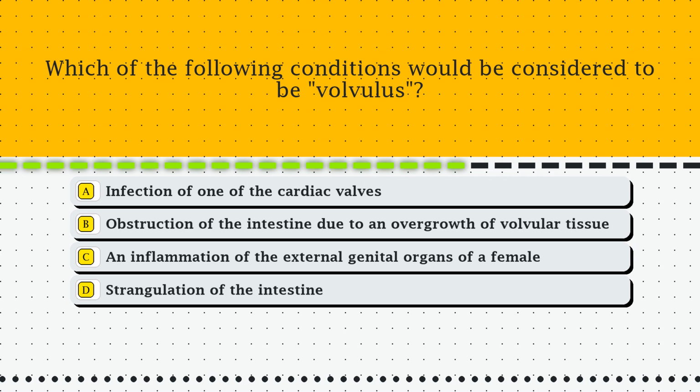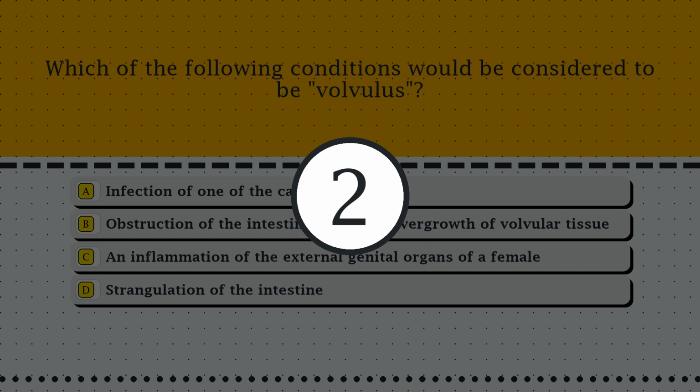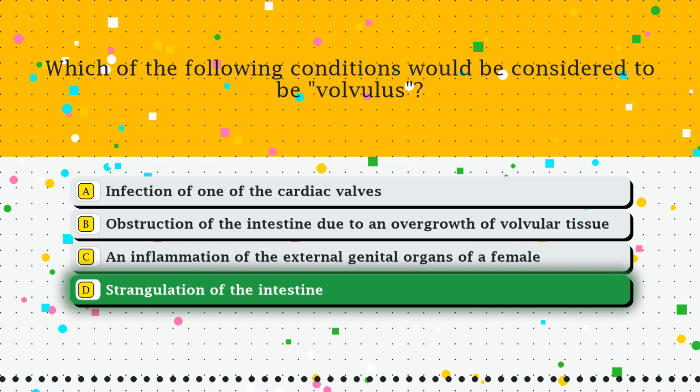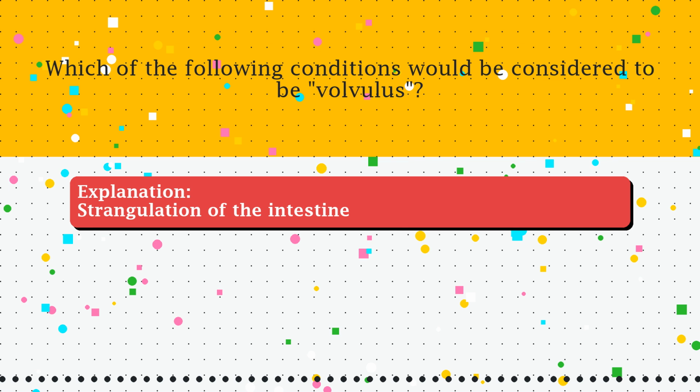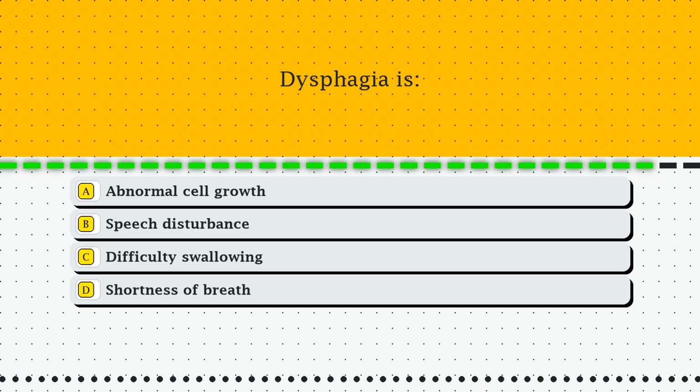Option A, infection of one of the cardiac valves. Option B, obstruction of the intestine due to an overgrowth of valvular tissue. Option C, an inflammation of the external genital organs of a female. Option D, a strangulation of the intestine. The correct answer is option D, strangulation of the intestine. Question 160.